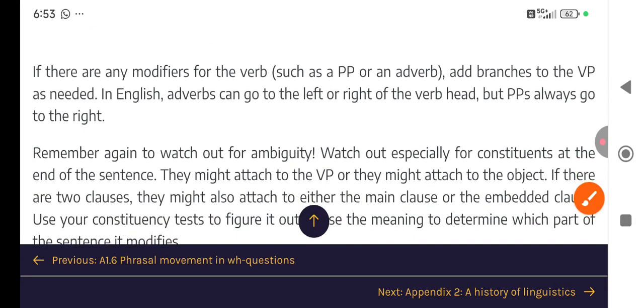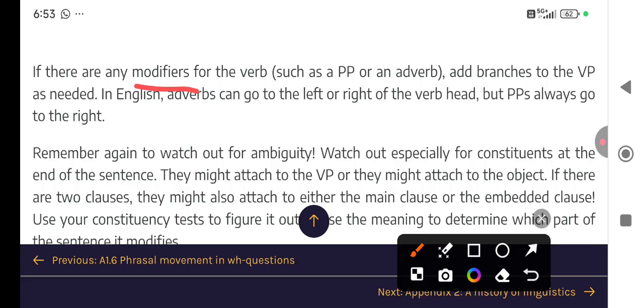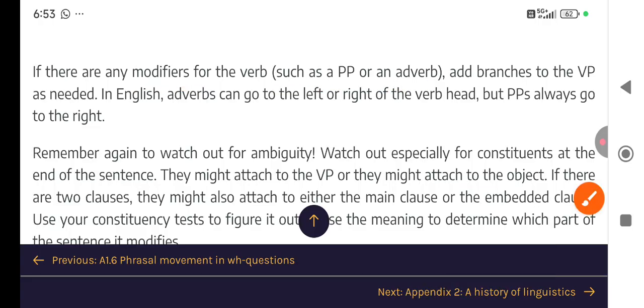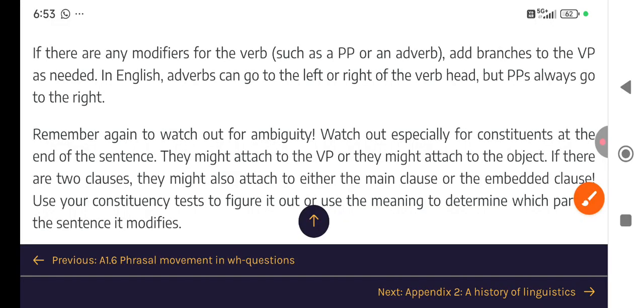If there are any modifiers for the verb, such as a prepositional phrase or an adverb, right? Add branches to the VP.